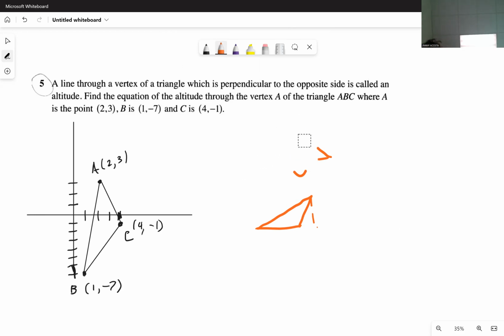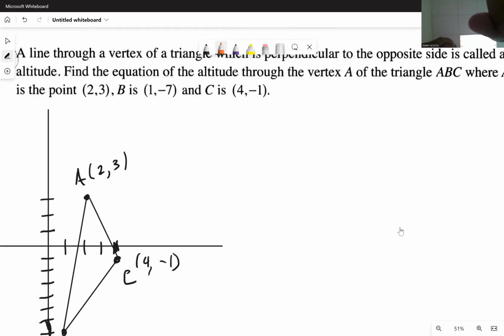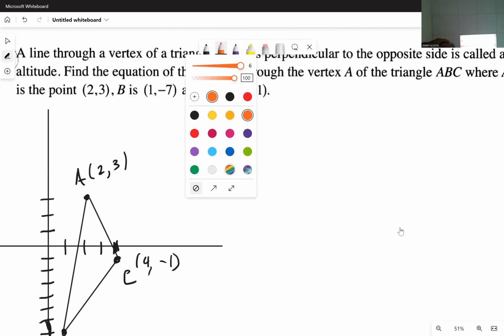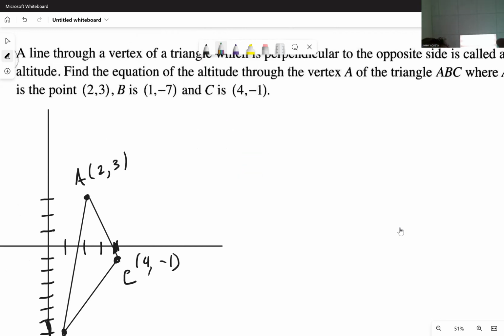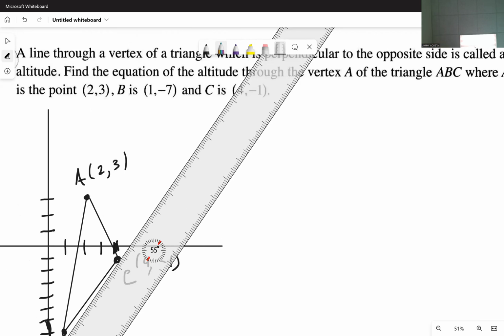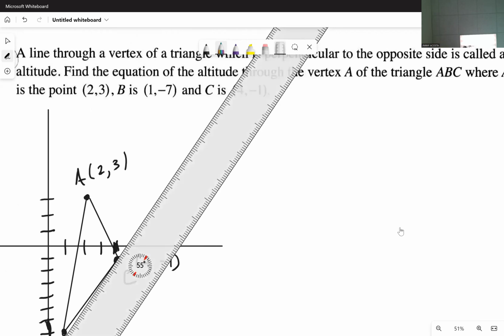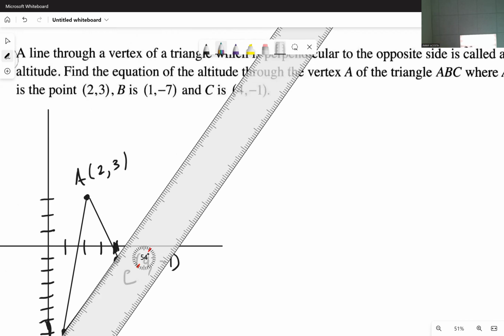So let me zoom in here. Let me see what color I want to use. I'm going to use rainbow for the altitude. But let me extend the triangle slightly, the line of AC, like so. This is going to be tough to do.